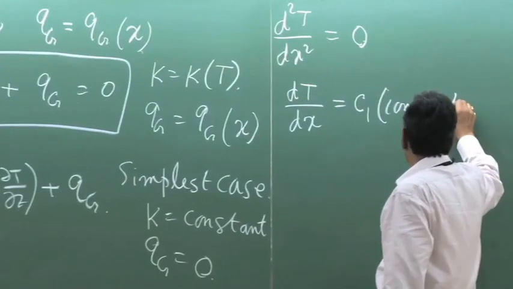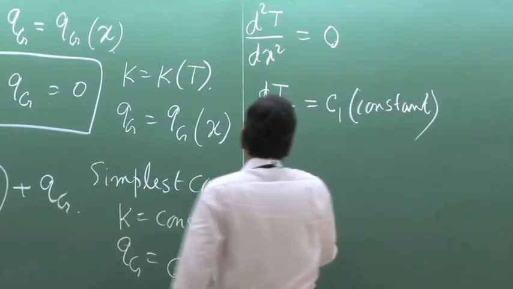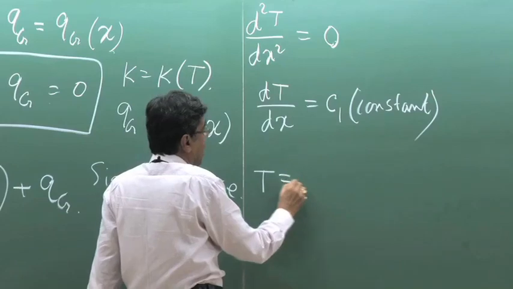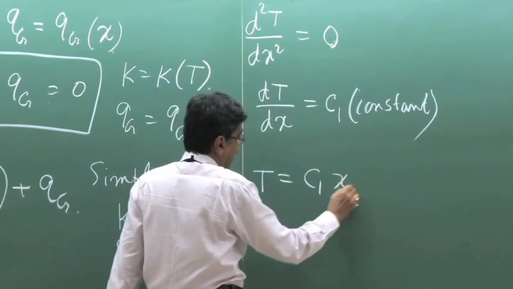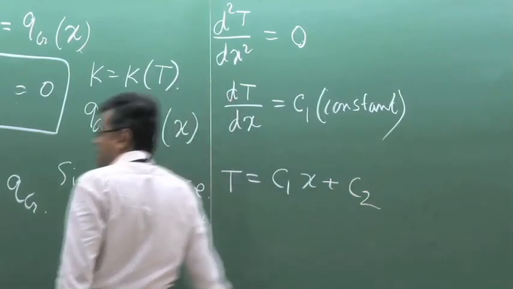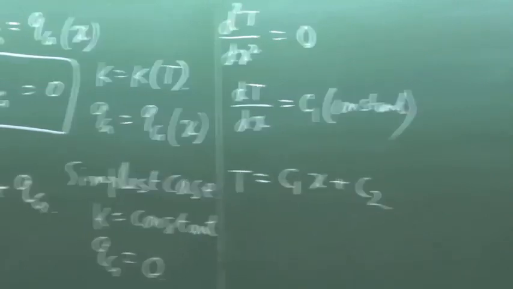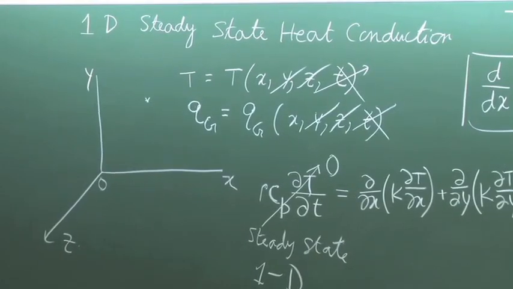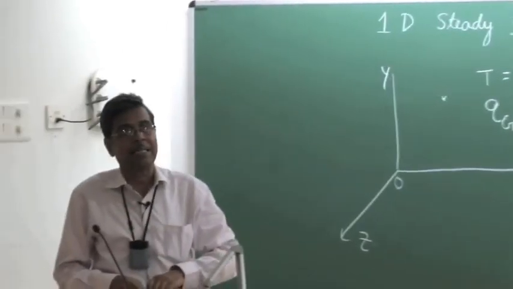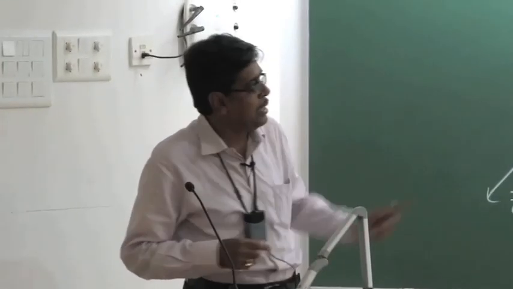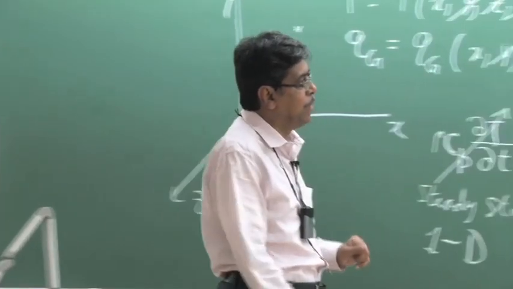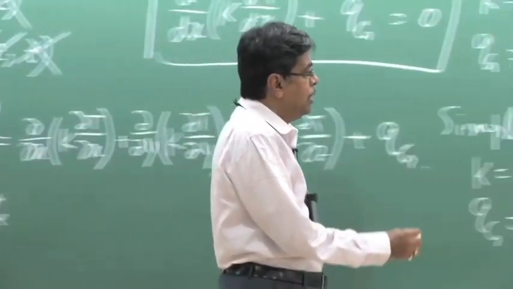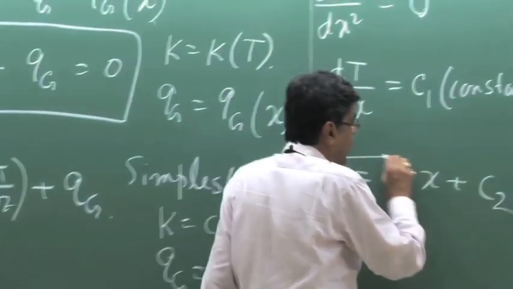And if we further integrate, we get the temperature as a linear function of x, where x is the direction along which the temperature varies, and temperature doesn't vary in the other two directions y and z in this particular Cartesian frame of reference. So, therefore, this is a linear profile.